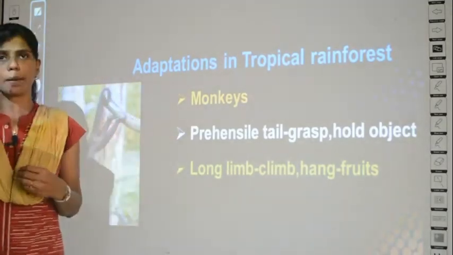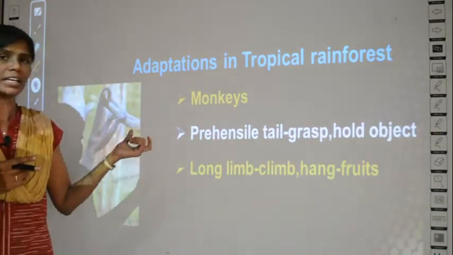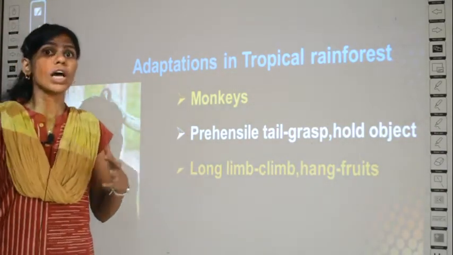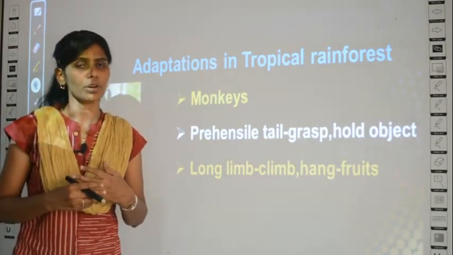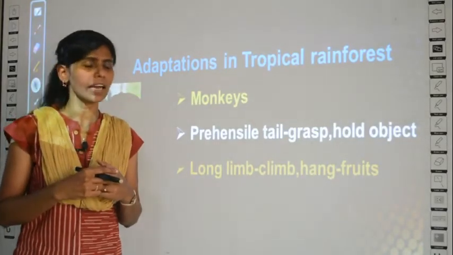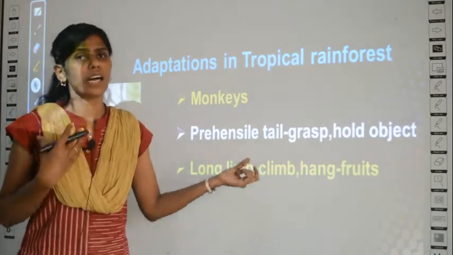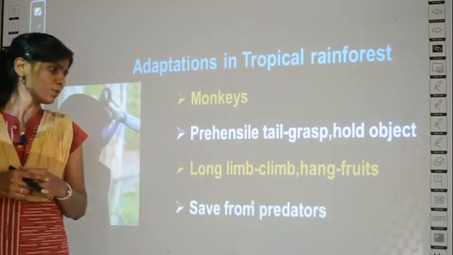The monkeys in tropical rainforest have limbs longer than the other monkeys in normal forest. They have special adaptations, the long limbs, so that they can climb and hang, and the prehensile tail also helps them fetch their fruits easily.